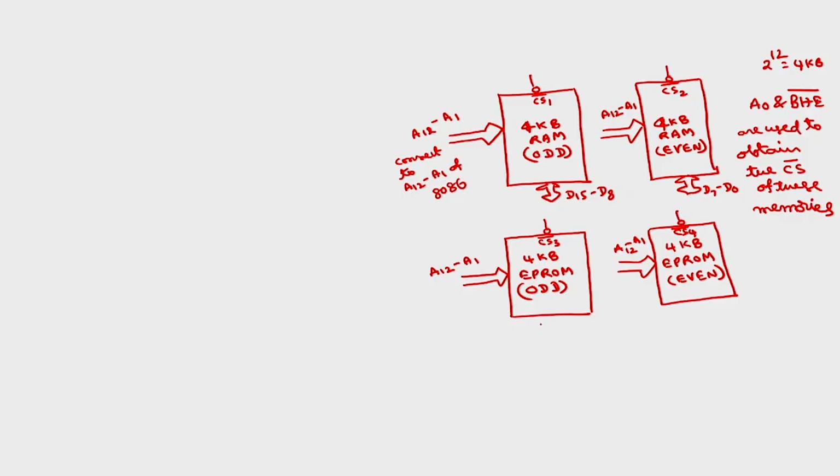Similarly, here also we will be having 2 data buses. This will give D15 to D8, and this will give D7 to D0. This you have to connect to D15 to D0 of 8086.